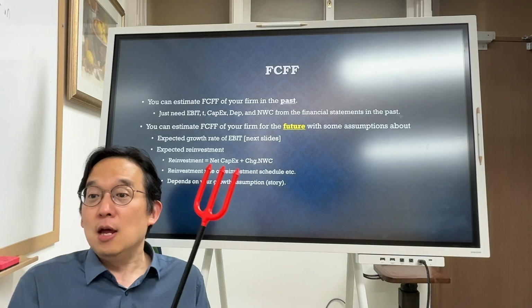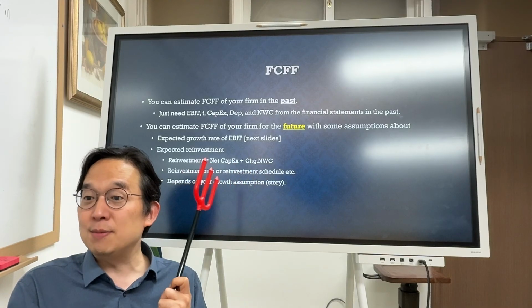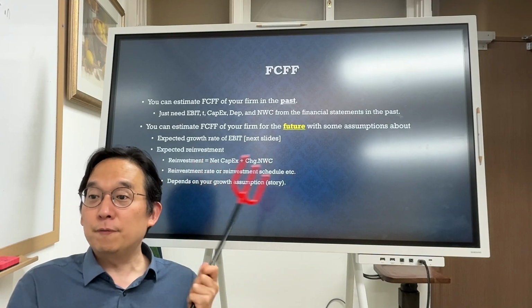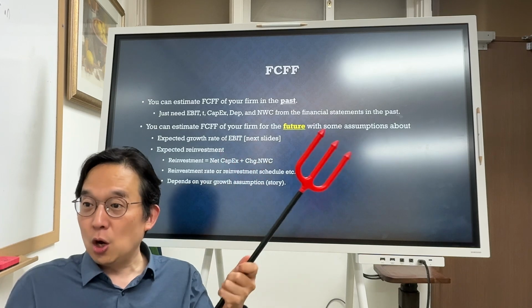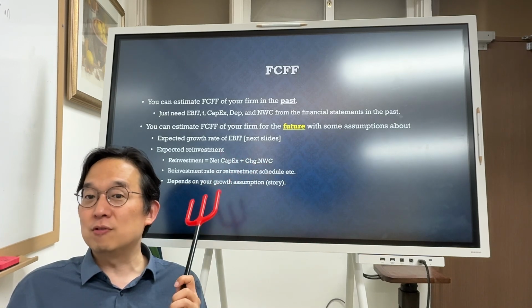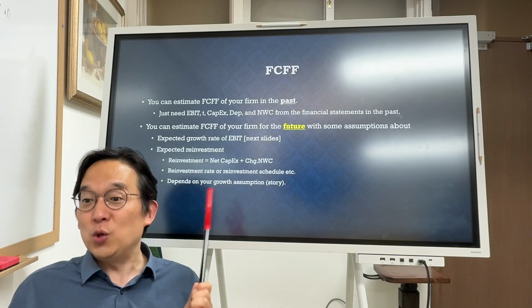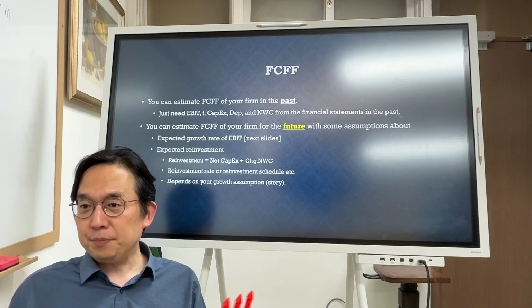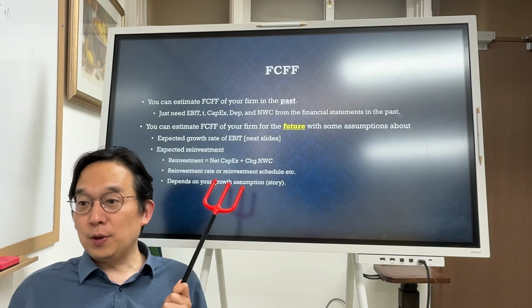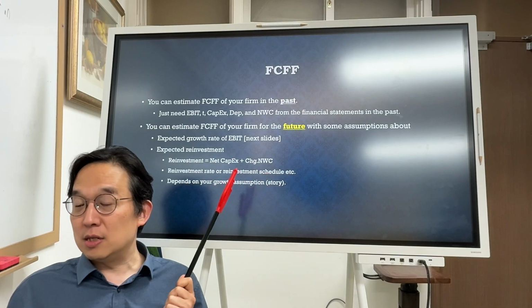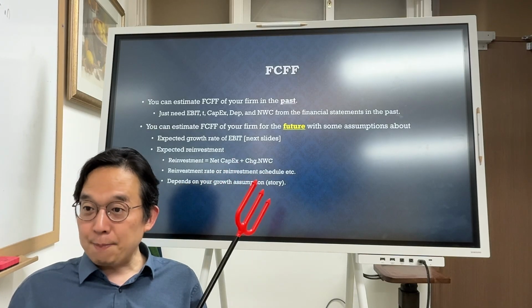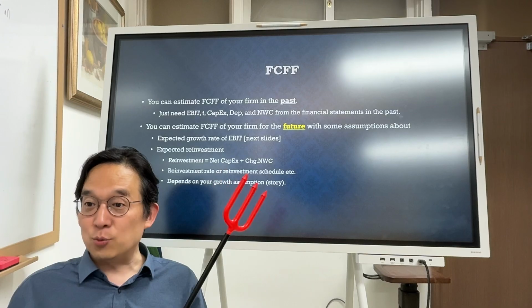Anyway, FCFF is the path to get some idea about the nature of your day-to-day business. You can also estimate the free cash flow to firm of your company for the future with some assumptions about the expected growth rate of EBIT and the expected reinvestment rate. Reinvestment over here, what is that about? Again, it's about net capex and the change in non-cash working capital.